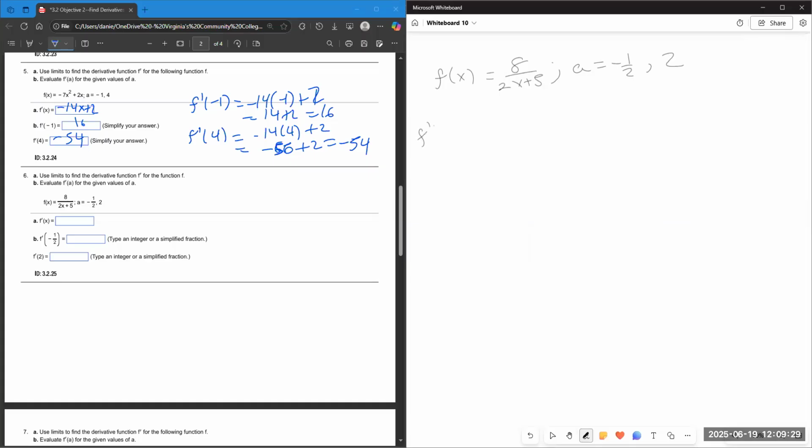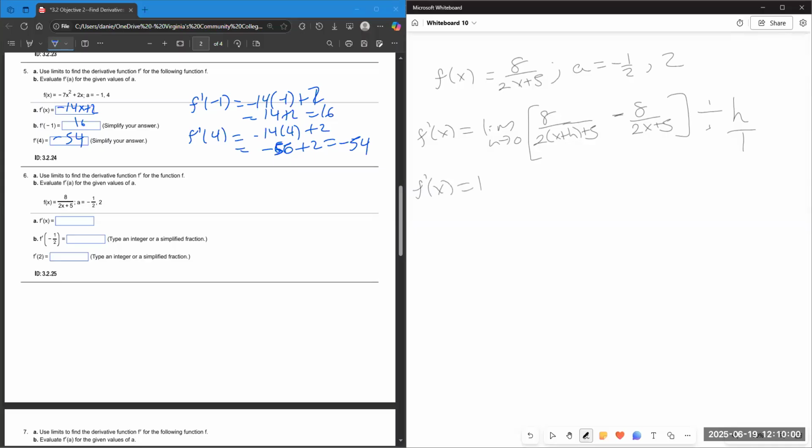So f prime of x is the limit as h goes to 0 of 8 over 2 times (x plus h) plus 5 minus 8 over 2x plus 5. And instead of dividing by h in the denominator, I'm just going to write divided by h like this. I'm going to put that h over 1 because I'm going to multiply by its reciprocal in just a second.